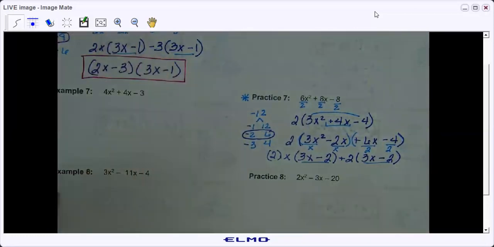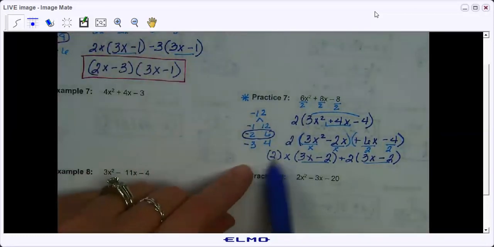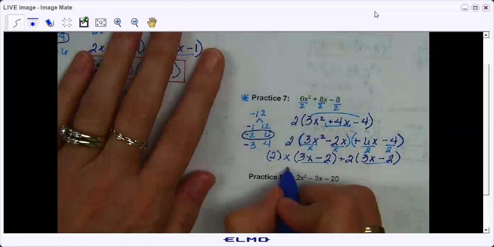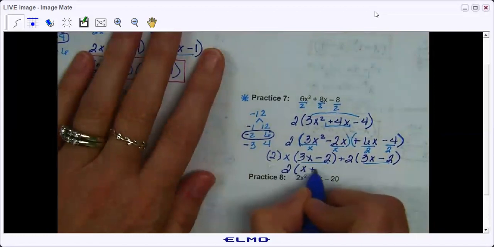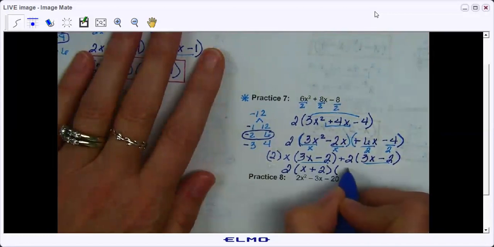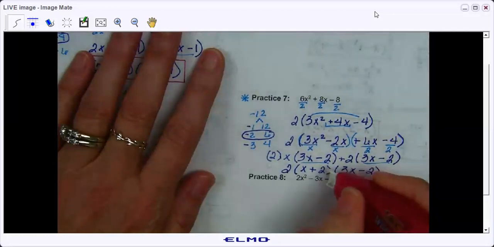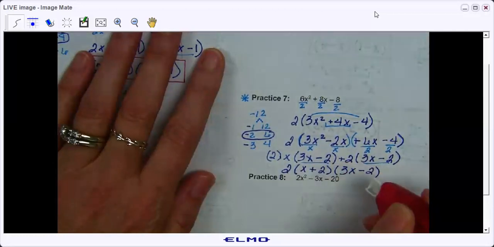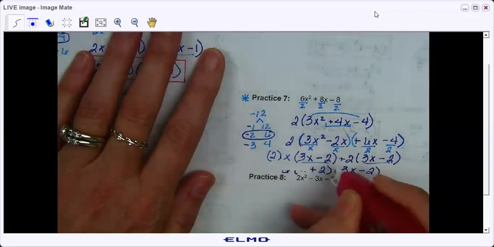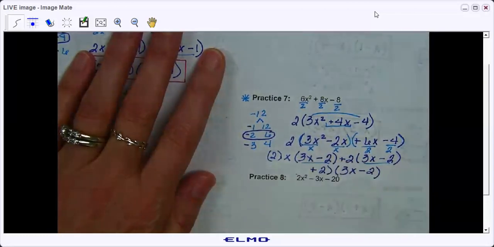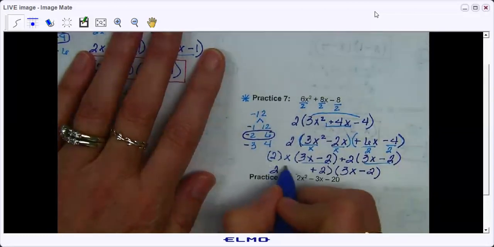So now how do we write our final answer when we have this GCF sitting out here? We write it like this. 2 times x plus 2 times 3x. Oh, that should be a minus 2. I'm sorry. I messed that up.